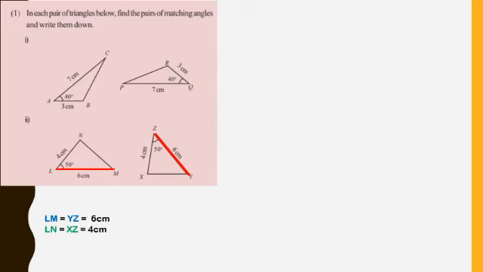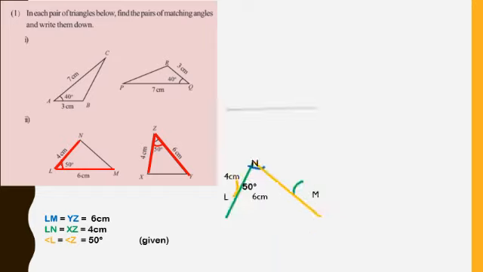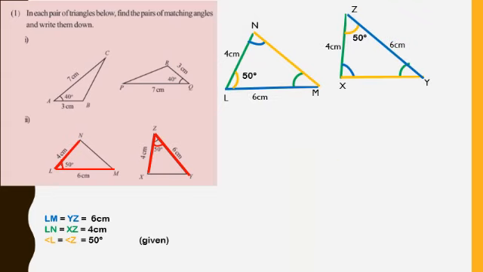And side LN equal to XZ equal to 4 centimeters. And one angle given, that is angle L equal to angle X equal to 50 degree. These are given in the question. Now let us see the triangles again. These are the triangles given in the question.